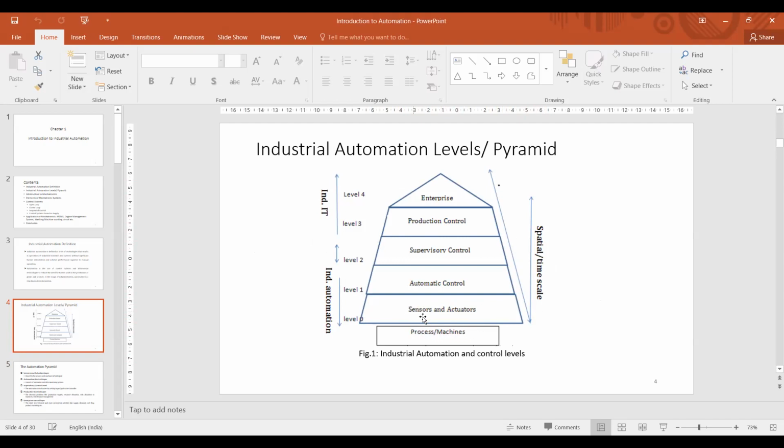Sensors are involved at a very small level, present for each and every process individually, whereas as we move upwards, the involvement of each level keeps increasing. That is why the spatial value increases as we move upwards.